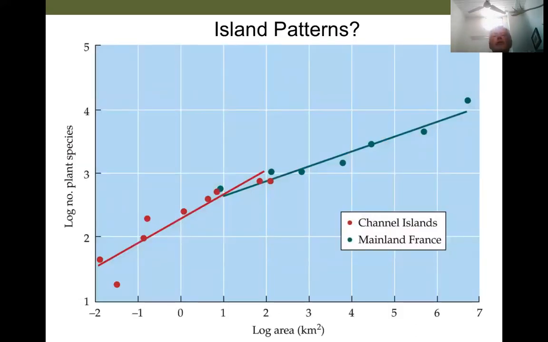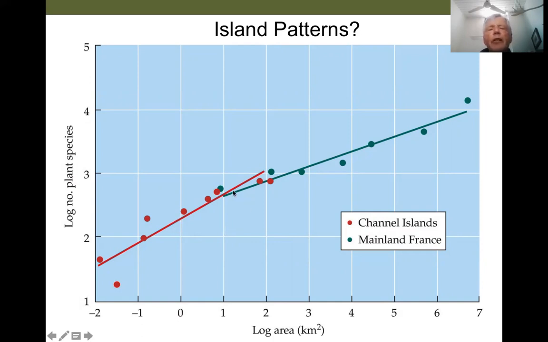So now I'm going to move to island patterns, because island patterns are different, all right? And here is an example showing how island patterns are different. This is another analysis of plant species in France, all right?